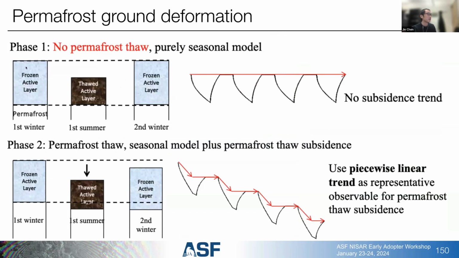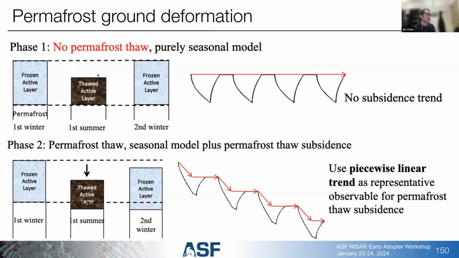Generally, in the winter season, the active layer is frozen. When summer comes, the active layer gradually thaws, and the ice in the active layer transitions to liquid water. Because of the volume change between ice and water, the ground suffers subsidence.